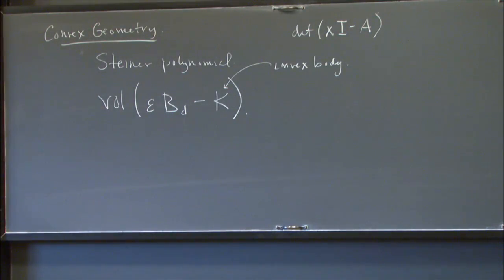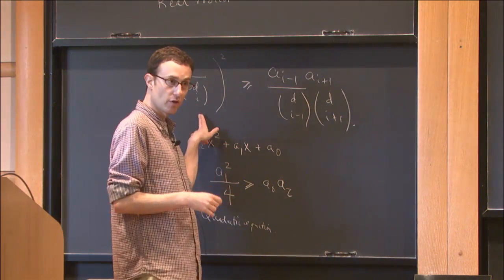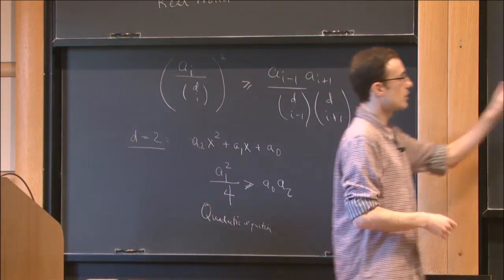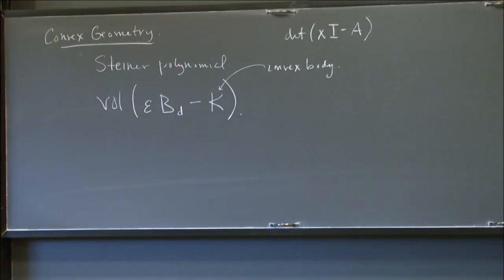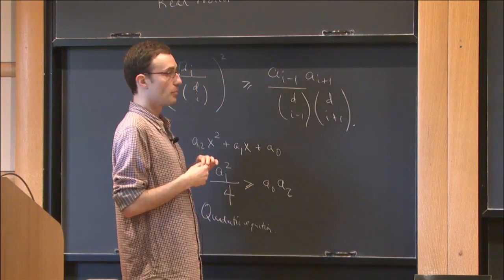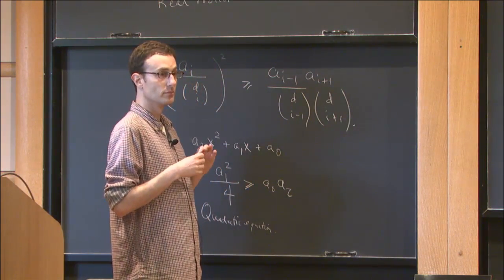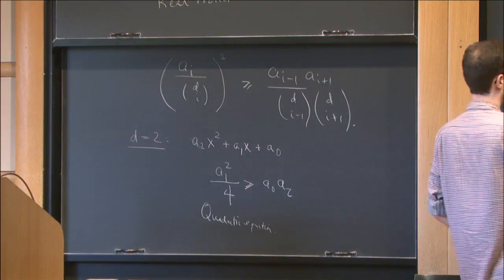Now it turns out that this is a log concave polynomial. In fact, all log concave polynomials are defined by some convex body, so they're isomorphic to each other. This is a polynomial in epsilon.